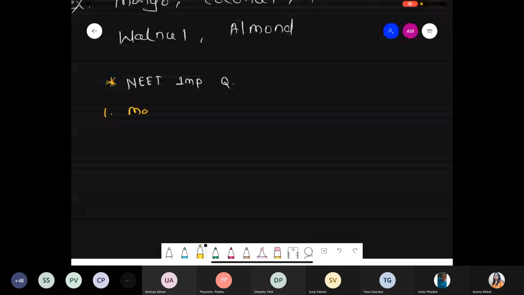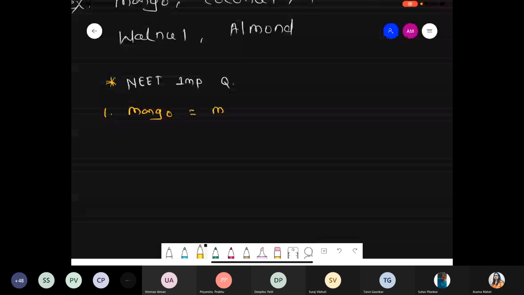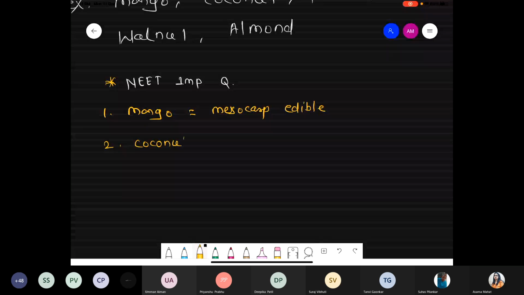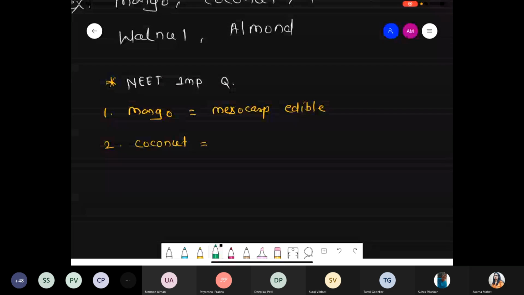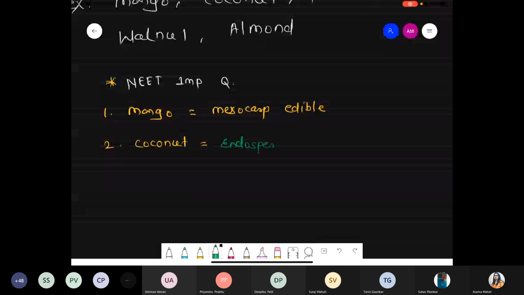First point, we are talking about mango. In case of the mango, the mesocarp, which is the middle part, is the edible part. Okay. Now second, in case of the coconut, you know very well, the seed is present, and inside the seed there is the presence of endosperm, right?